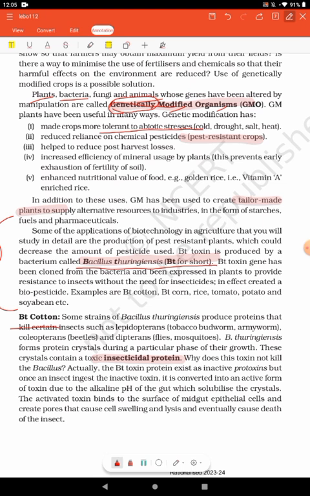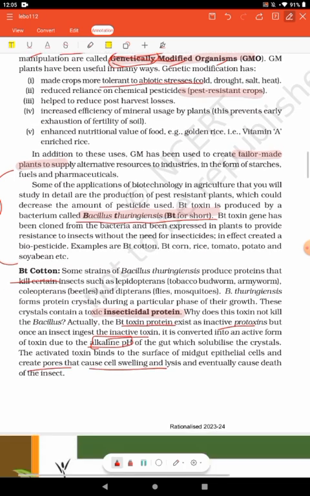It produces a toxin which is inactive in the plant, but when it enters the gut of the pink bollworm, then it gets activated due to the alkaline pH of the gut and starts forming the toxic chemical compound and does the perforation, creates pores and causes swelling and death of the insect.